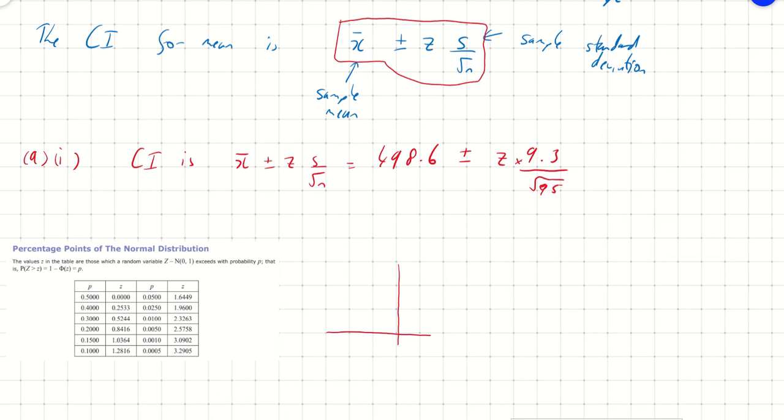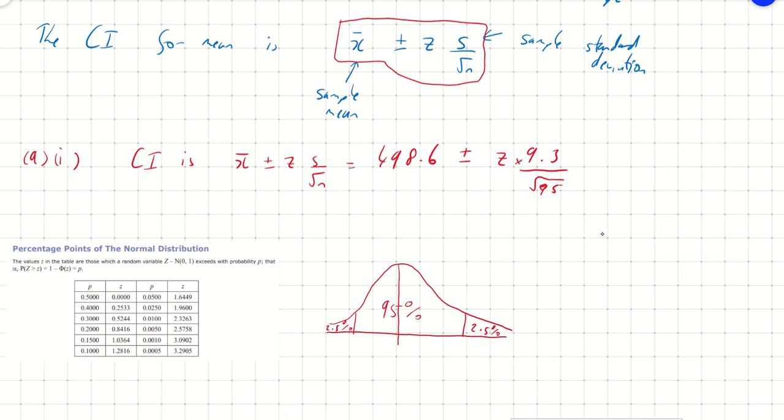Well, if we look at the normal distribution, it looks like this. Then a confidence interval is this middle bit. And if we want 95%, we want the middle bit to be 95%. So that means this side here is going to be 2.5%, and this side here is going to be 2.5% as well, because it's symmetrical.